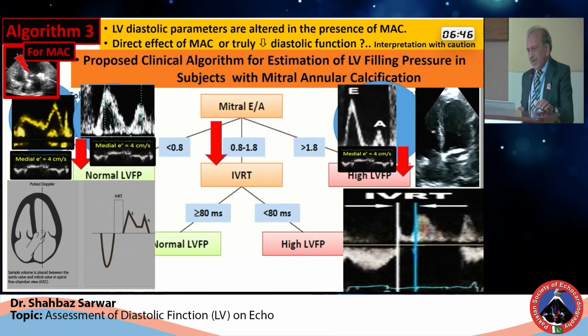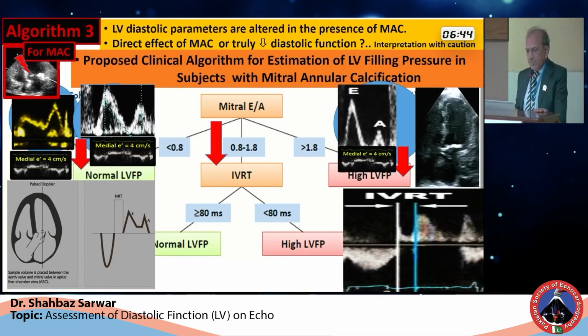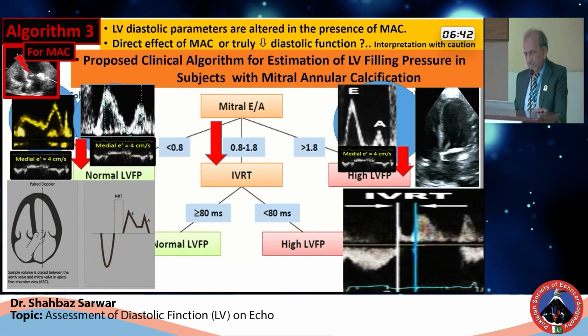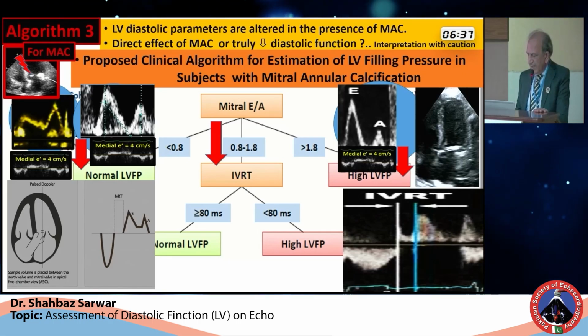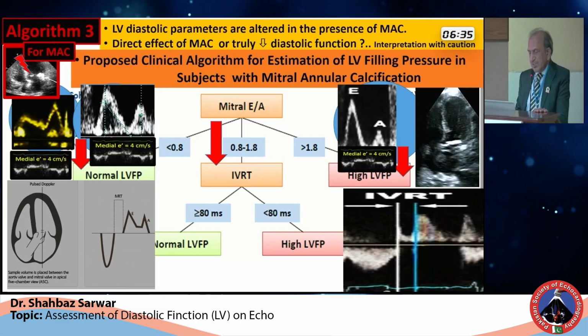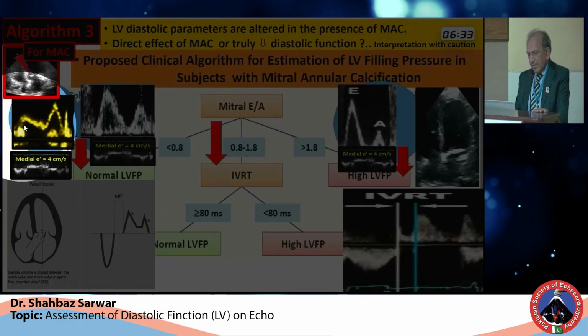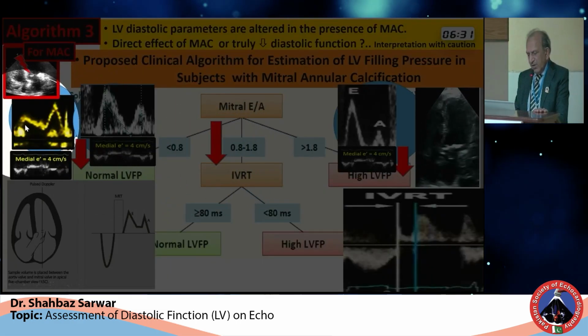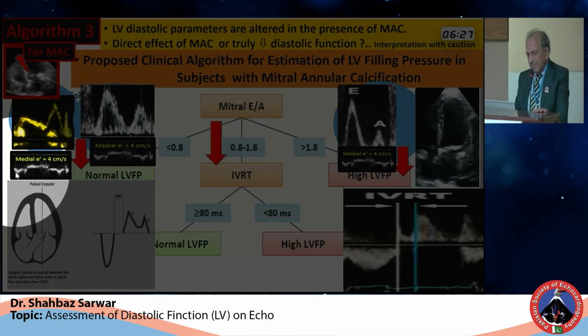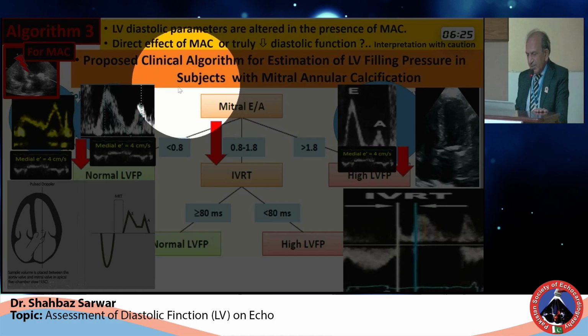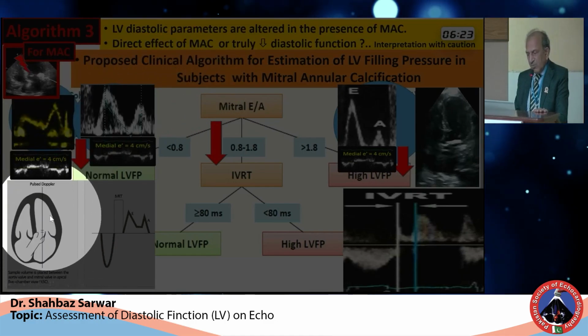Now there is a third algorithm, especially for patients with MAC. Whenever there is significant mitral annular calcification, like we have done in the second algorithm, you look at the E to A ratio and the E velocity. If this is a grade 1 kind of abnormality and E prime is abnormal, with MAC, the filling pressure is normal.